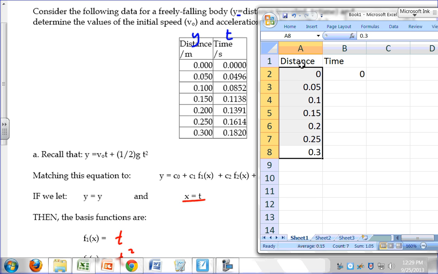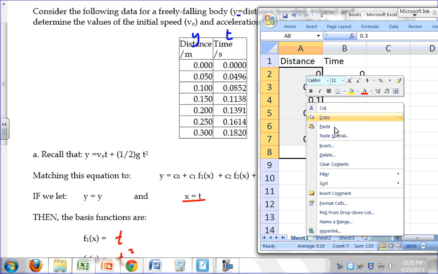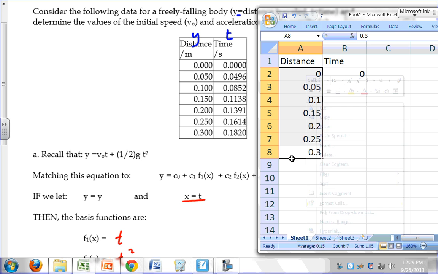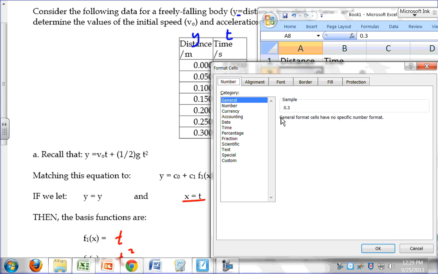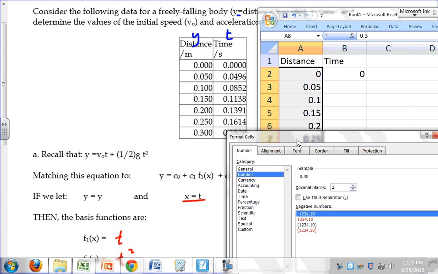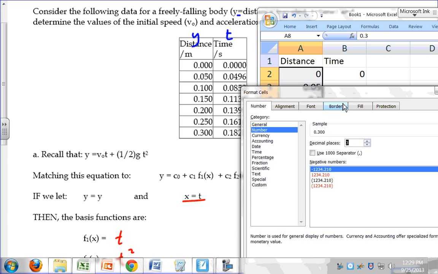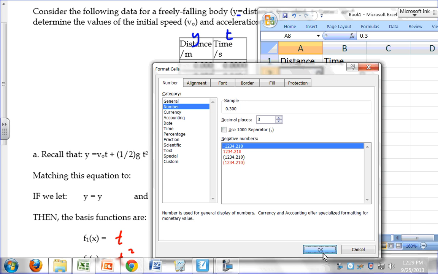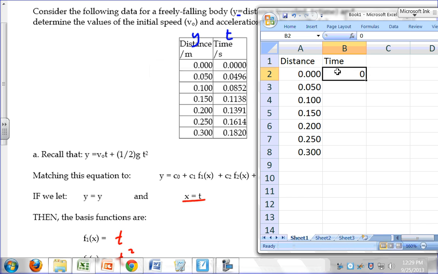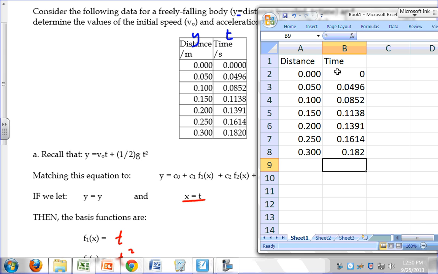And to set the format, if you want to make it look pretty, format number of decimal places, 3 decimal places. There, okay. And time is 0, 0.0496, 0.0852, 0.1138, 0.1391, 0.1614, 0.1820.